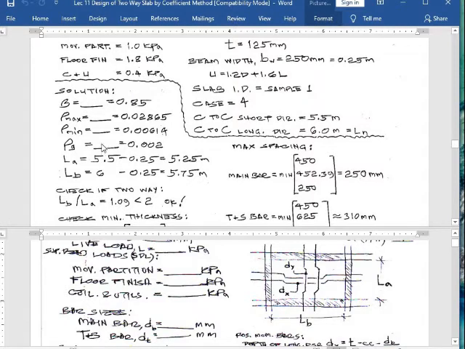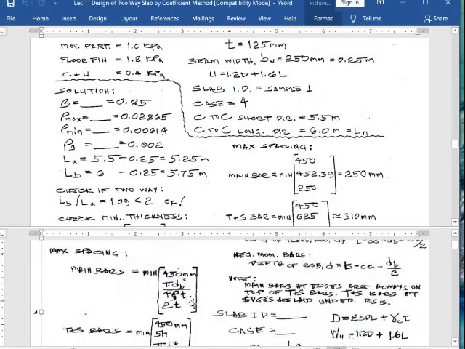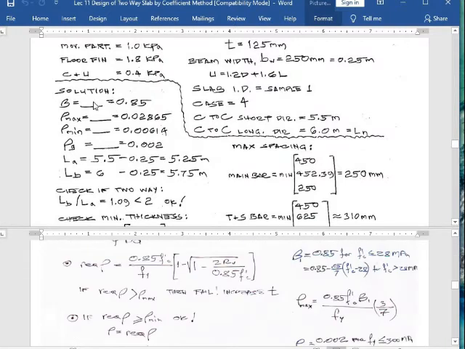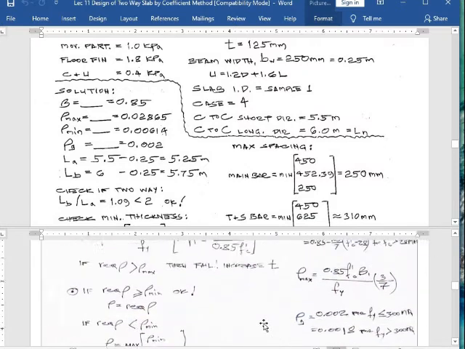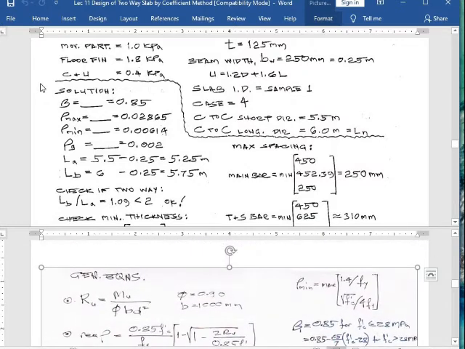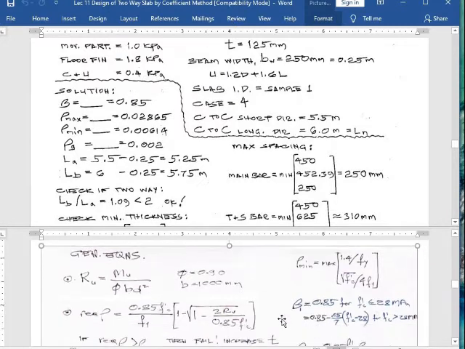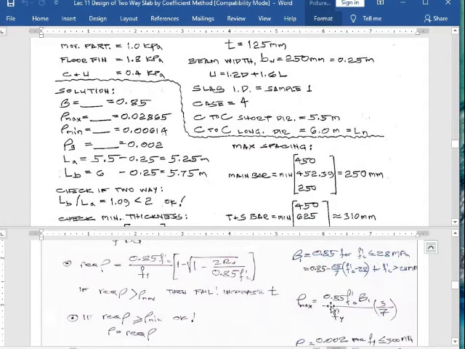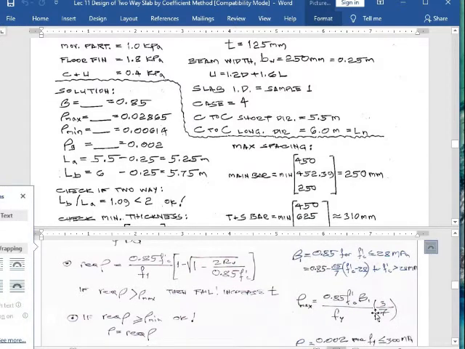Yung mga equations niyan nandito sa ilalim ng lecture. Standard equations for beta and rhomin. And ang-iba lang yung rhomax. Yung equation ni rhomax, ito. So that is 3 all over 7. Okay?